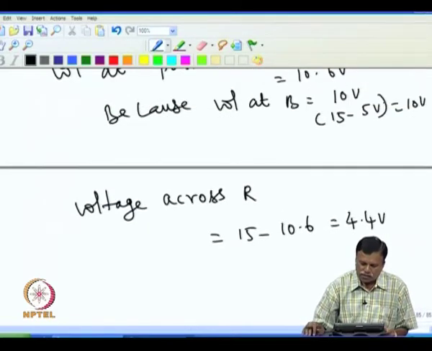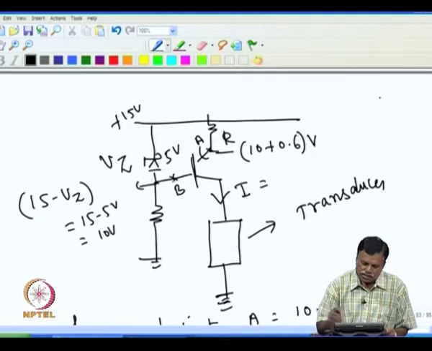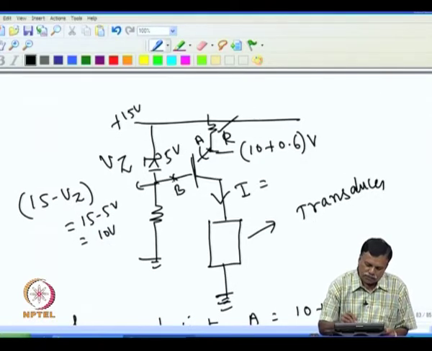So, we got the voltage across this resistance R as 4.4 volt.